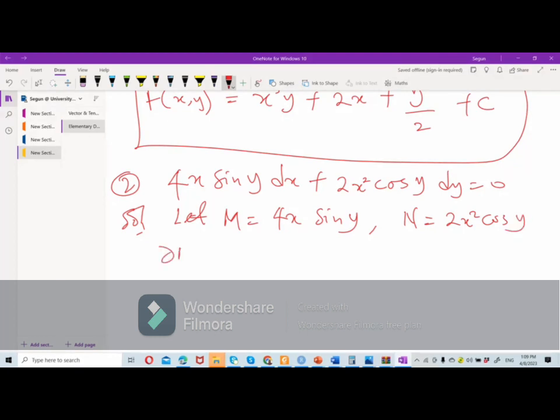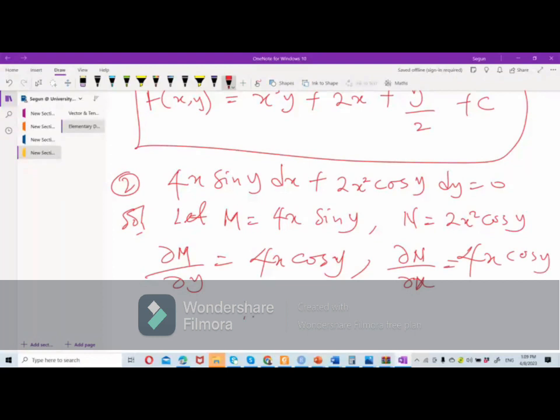So we need the m dy. The m dy is 4x times the derivative of sine y, which is cos y, so 4x cos y. The n dx is 4x cos y. Therefore, the m dy is equal to the n dx, which is exact.